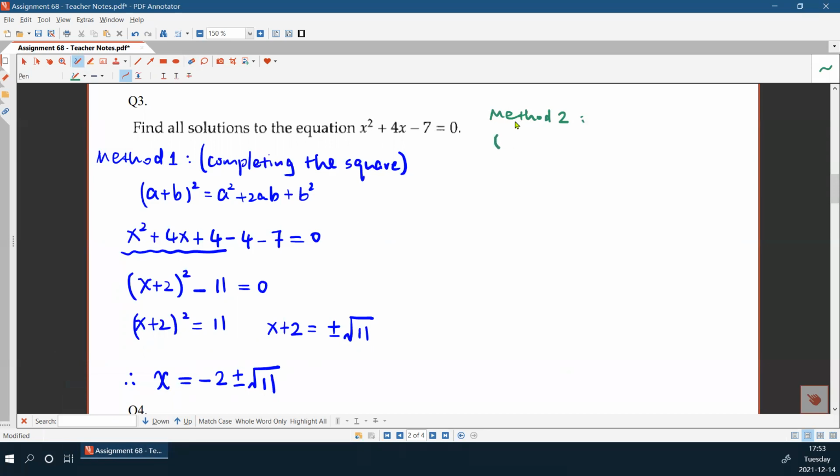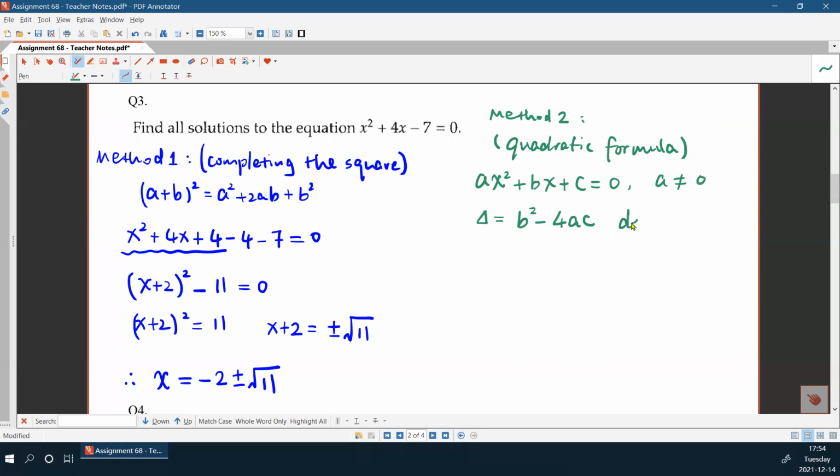Method 2 is directly using the quadratic formula. So what is the quadratic formula? Can you still remember that? For a quadratic equation in the form of ax squared plus bx plus c equals 0, where a is not 0, the determinant delta is defined as b squared minus 4ac, right?